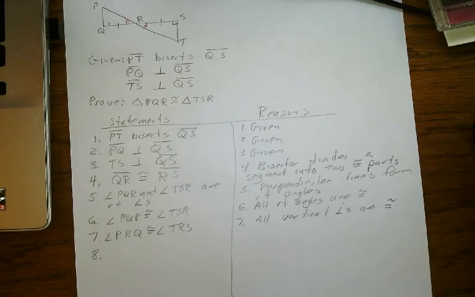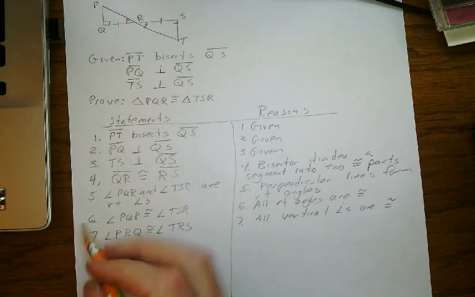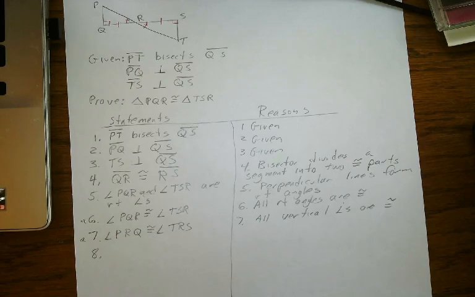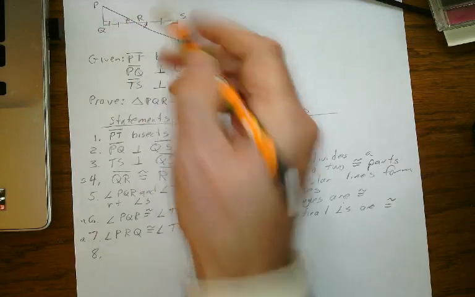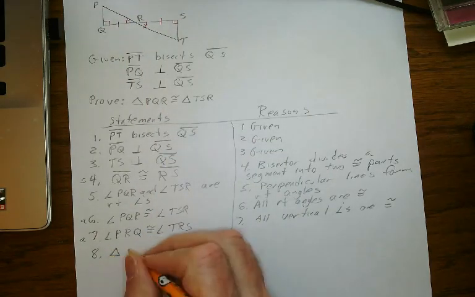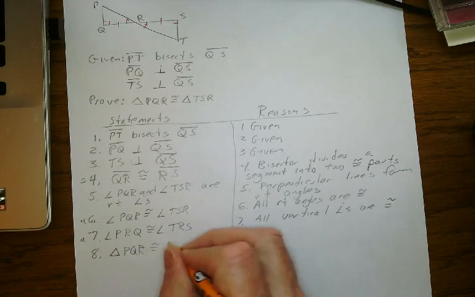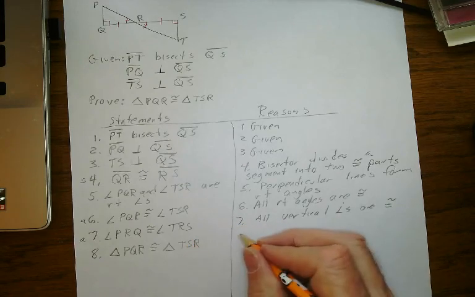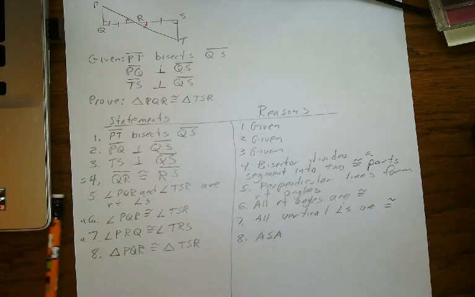And now we can actually finish our proof, because you see here, this was an angle. This was an angle. I'm just making little notes to myself. And then this was a side, so it's going to be angle, side, angle. So the two triangles are congruent. Triangle PQR is congruent to triangle TSR, and the reason is angle, side, angle. And the proof is done.